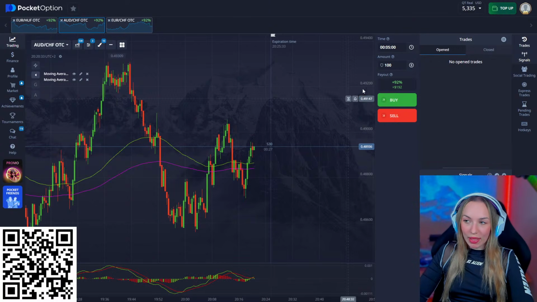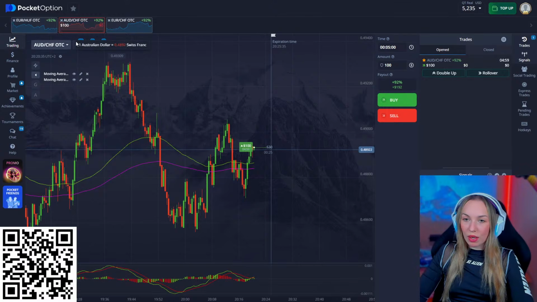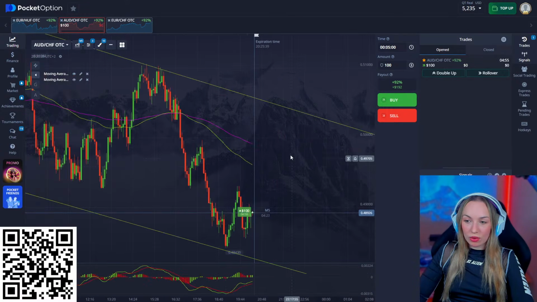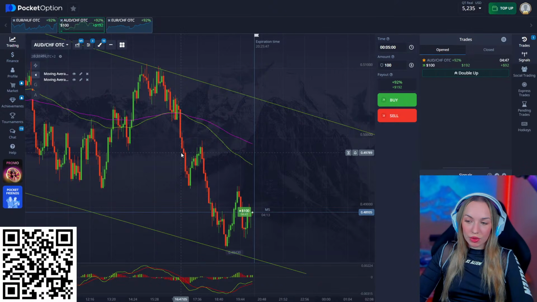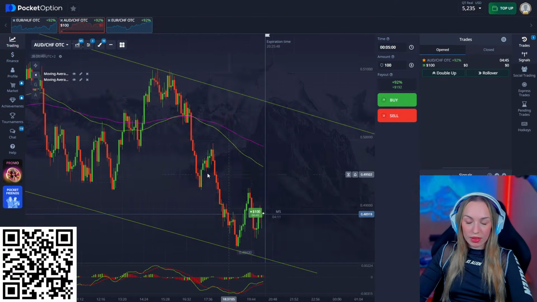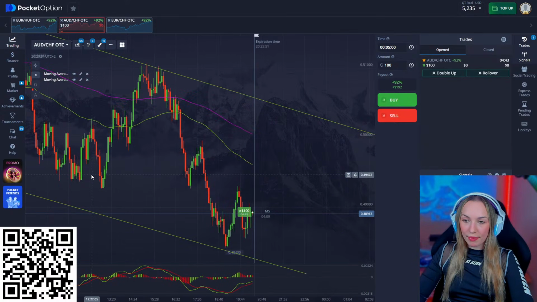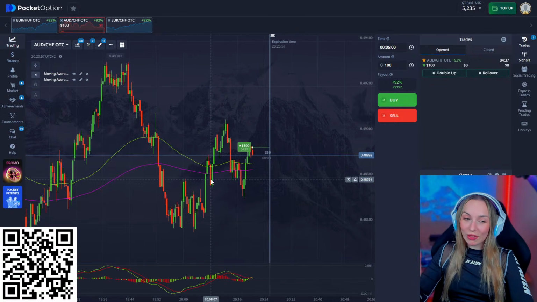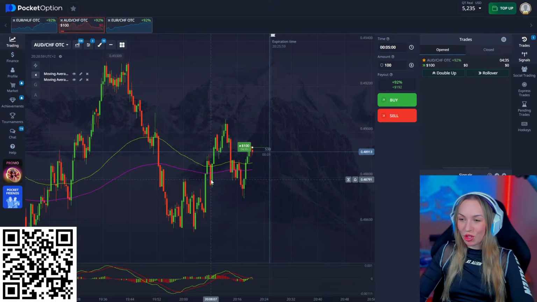For me that's a bad signal, but I believe that the price will go up because, as you remember, it's moving in the channel. I believe that it will go up to touch the resistance. But the problem is that the trend is downward, and I opened the trade against the main trend direction, and that's actually bad.